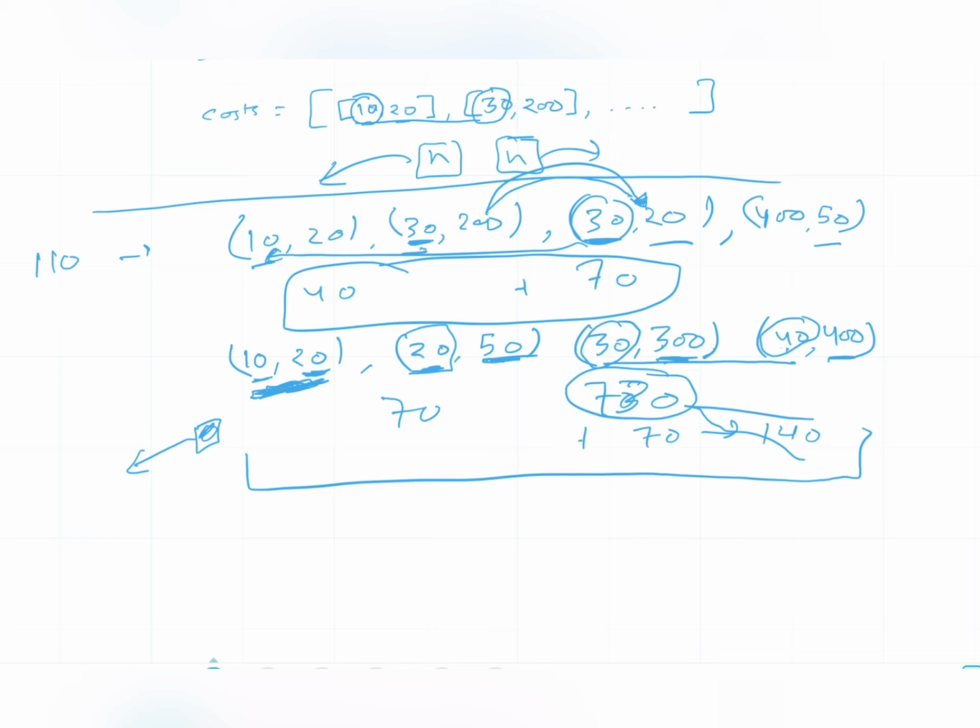So let's say I will see the difference: 10 minus 20 is minus 10, 20 minus 50 is minus 30, 30 minus 300 is minus 270, and 40 minus 400 is minus 360, right?